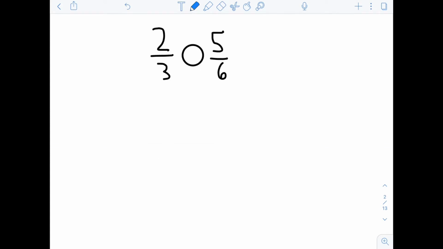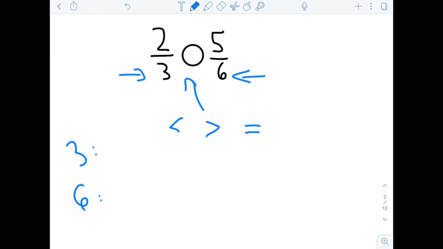So our first question is to replace this circle with a less than, greater than, or equal to sign. So what we have to do is get a common denominator so we can easily compare them. To find that, we find the lowest common denominator, the LCD, of 3 and 6.